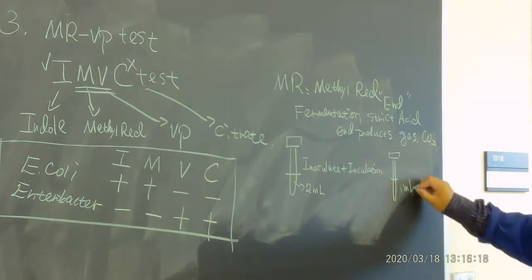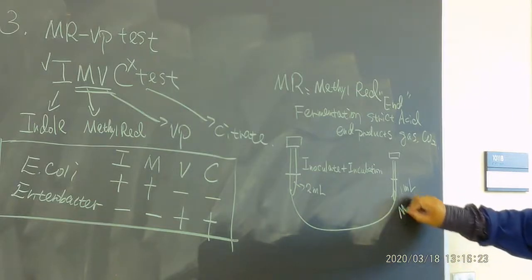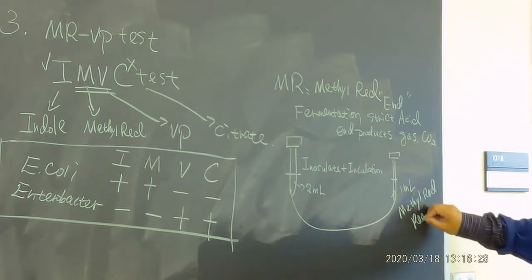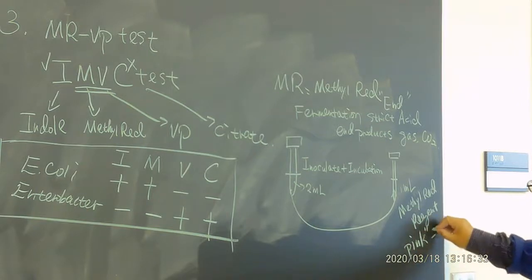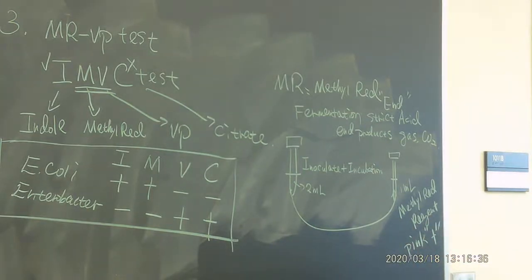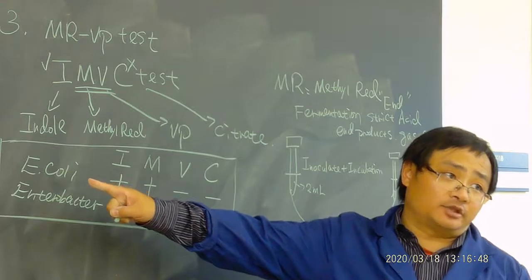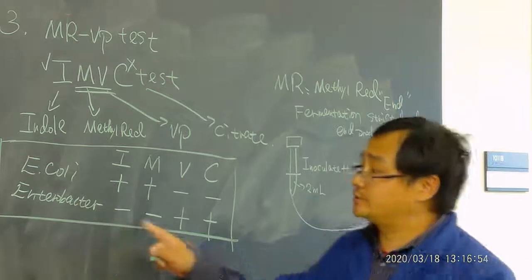You transfer 1 ml there. Then you add methyl red reagent. If it turns pink, it means methyl red test positive. Very easy. It means the bacteria has acid final products. So you understand here, you just see the E. coli is yellow color and carbon dioxide is generated. That's why it's methyl red positive. Enterobacter is the other one.